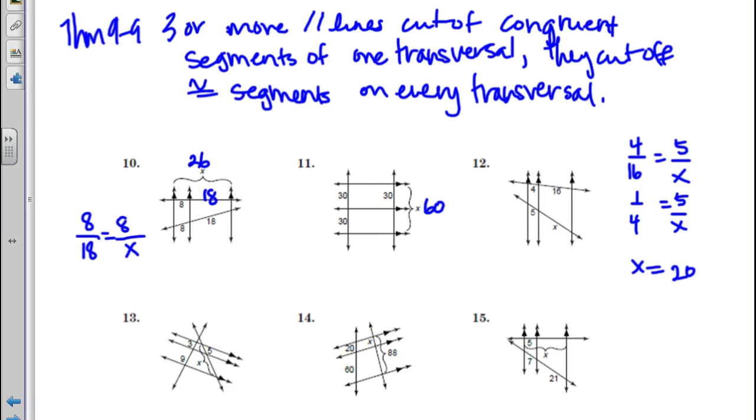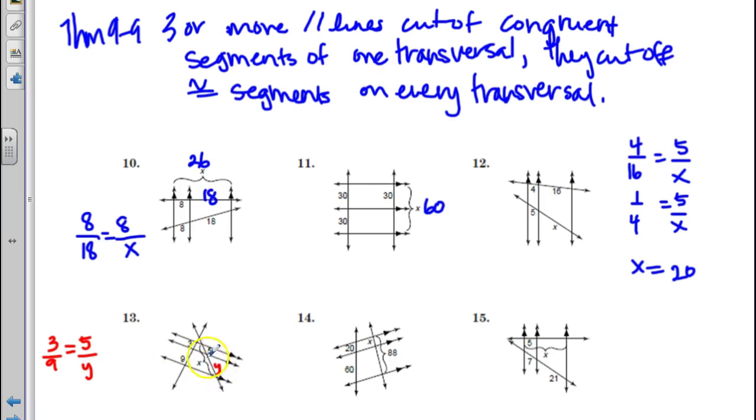All right, let's keep going. You could pause the video if you want to and try these out by yourself. That would probably be a pretty good idea. All right, so parallel lines cut by transversals. So I can set up proportions. 9 over 3 equals 5 over, I'm not going to use x because x is this whole thing. I'll use y.